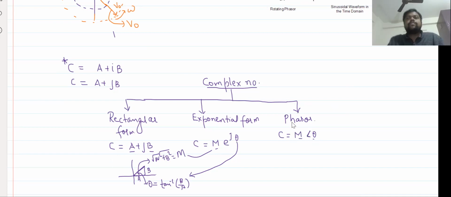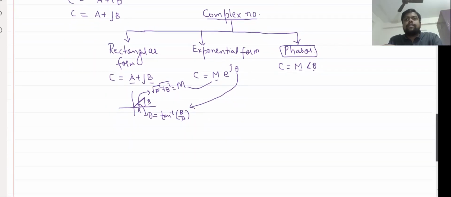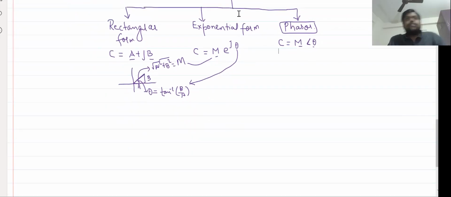This is what we are going to use. Since a phasor is also a type of rotating vector, all the vector algebra can be used almost symmetrically for phasors as well. So next we are going to study phasor algebra.